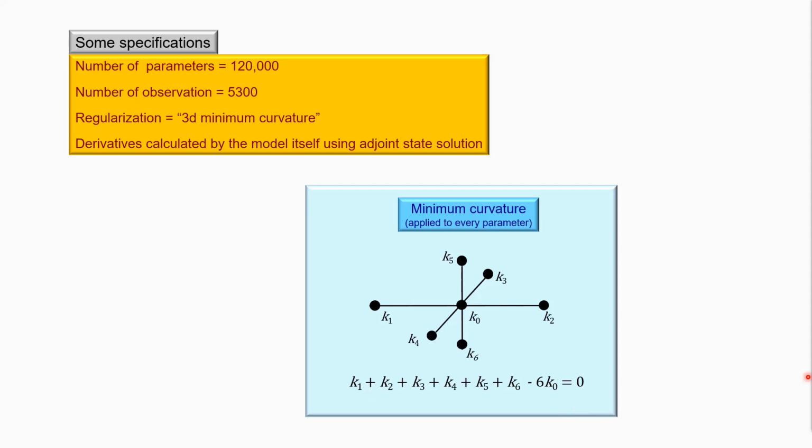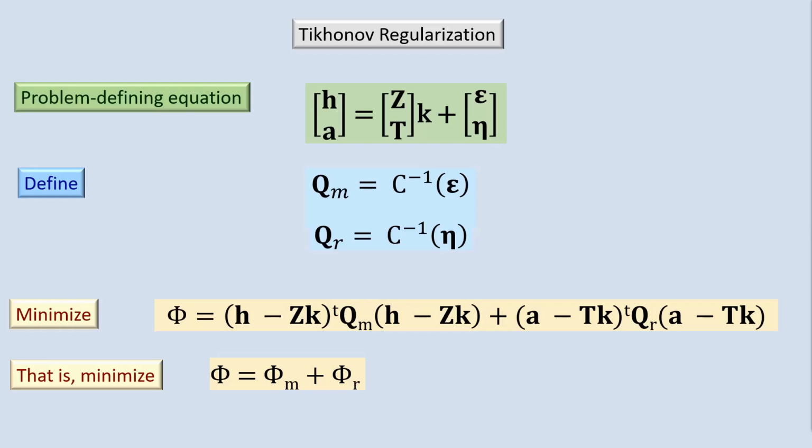Now in this case I'm going to, as I said, look at the interplay between the measurement and regularization objective functions. I'm going to minimize the total objective function, and I'm going to commence that minimization process by assigning all measurements a weight of 0.